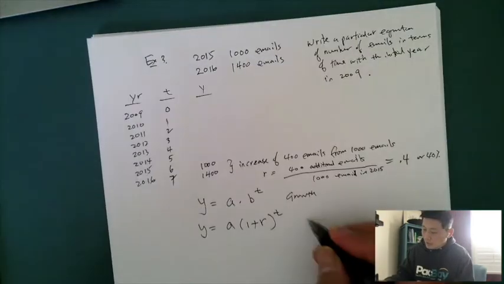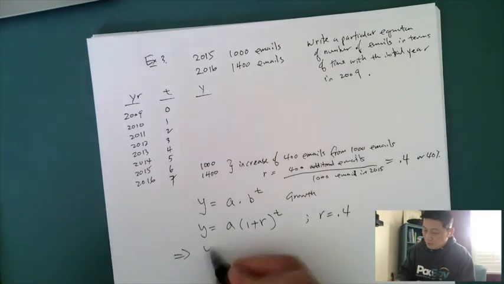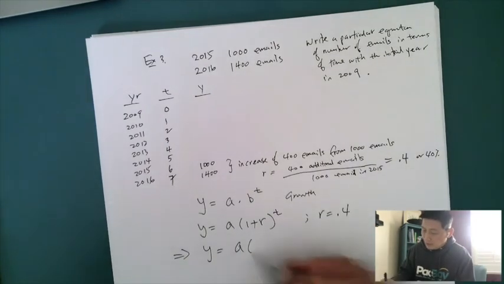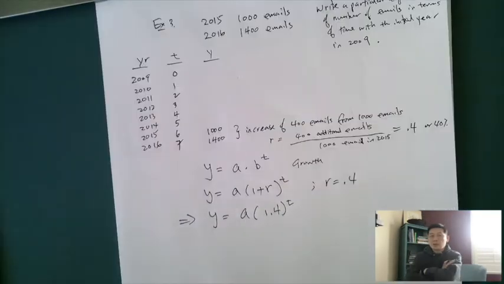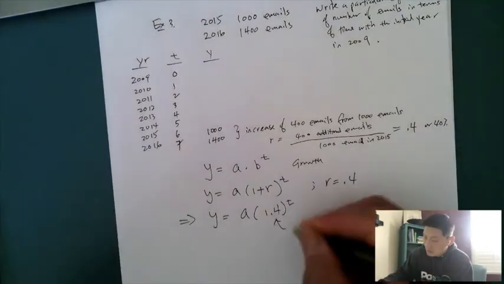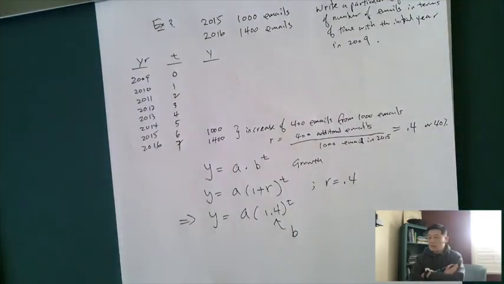Well, since we know that r is equal to 0.4, then we have y is equal to a times 1.4 to the t power. Oh, I'm closer to the solution, because I got b. This is our b, right? So now the question is, what is a?